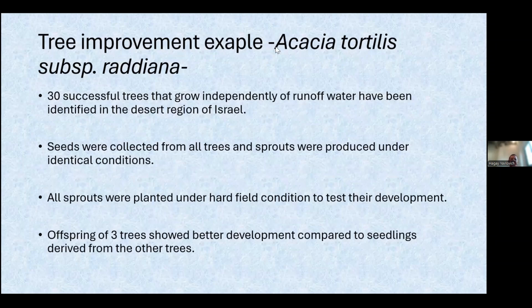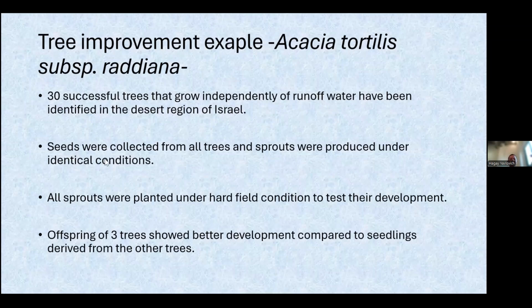In Israel, as I said before, we have the species called Acacia tortilis, or we call it Acacia raddiana, and this is an example of tree improvement. As I said, most of them grow close to runoff water, and we found something like 30 trees that look really good that grow far from the runoff water.